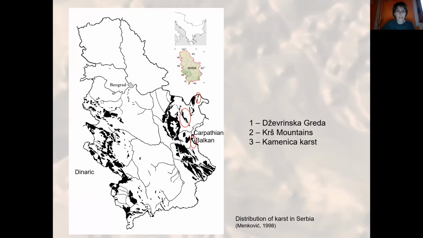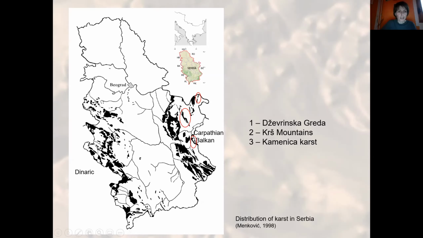First, we just introduced the setting. So this is the Balkan Peninsula. Serbia is part of the Balkan Peninsula. You see southeastern Europe, and Serbian karst comes in two great belts.